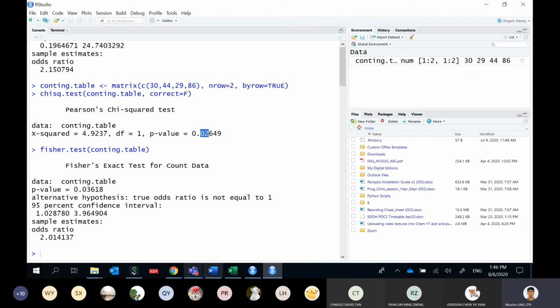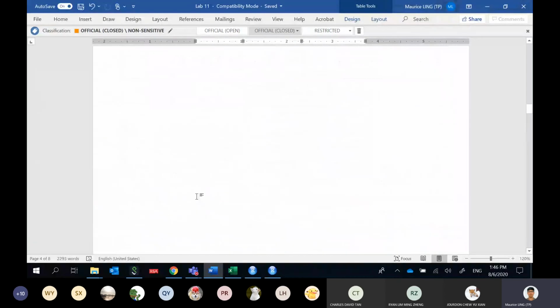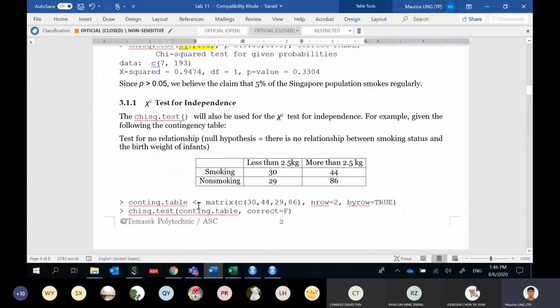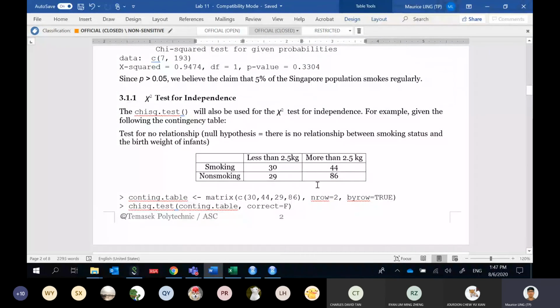You can actually try this out. Let's just vary the data a little bit. Let's see what the data is supposed to look like. Let's go back to this table. How do we make this more of an odds ratio equal to 1? So we push this a bit here and push this a bit over. Let's try 44.